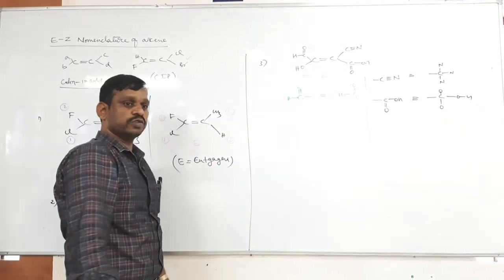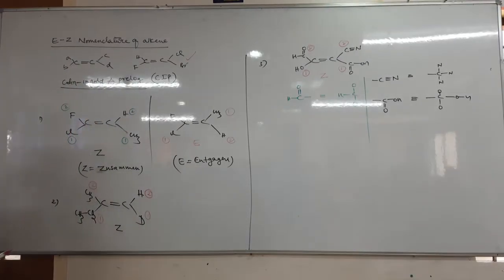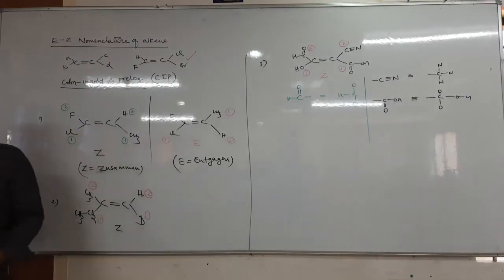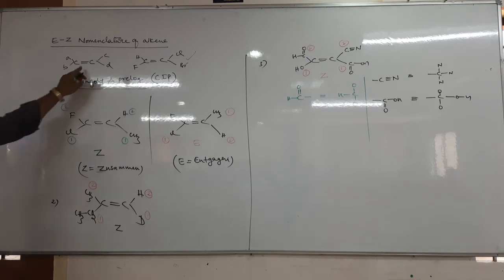There are only 3 rules. EZ nomenclature is used for highly substituted alkenes like these two.